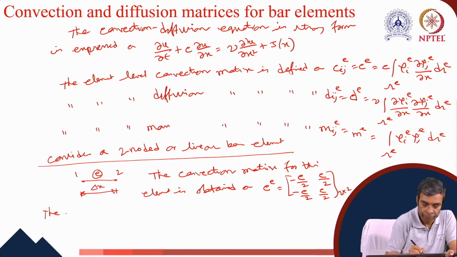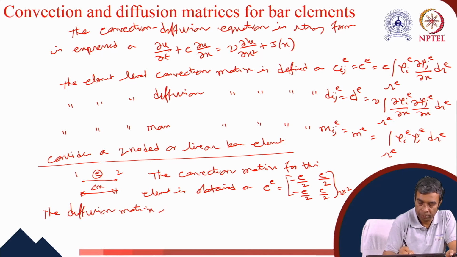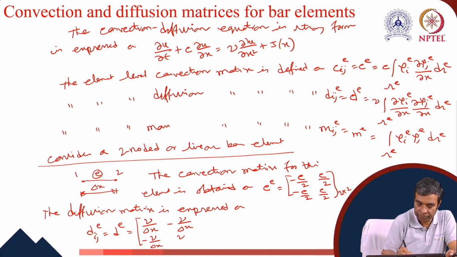The diffusion matrix is expressed as Dije equals De equals nu by delta x, minus nu by delta x, minus nu by delta x and nu by delta x.